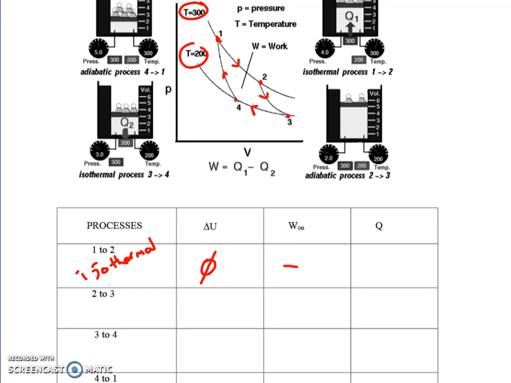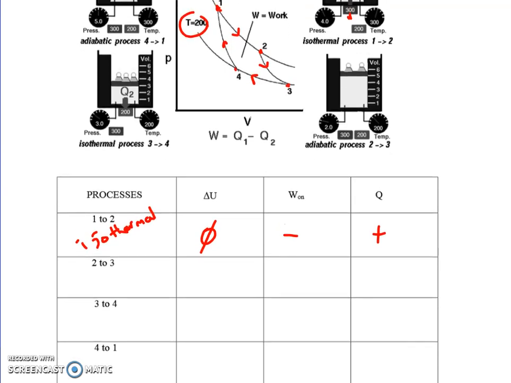Therefore, if there is no internal energy change and we have negative work done on the gas, then we're going to have a positive Q. Heat's going to flow in, and that can be seen here, as they have a 300 coming in there.